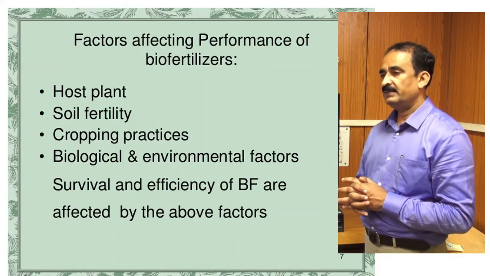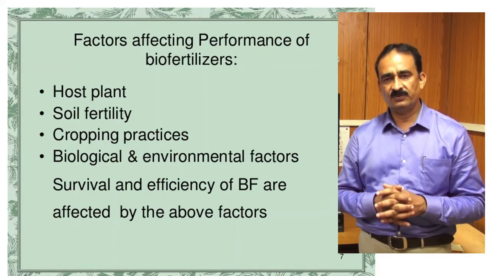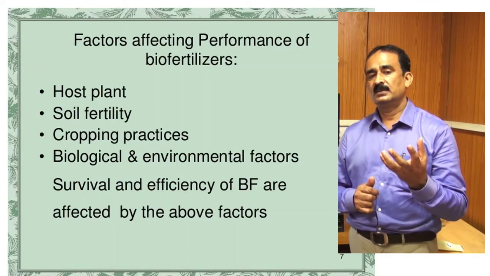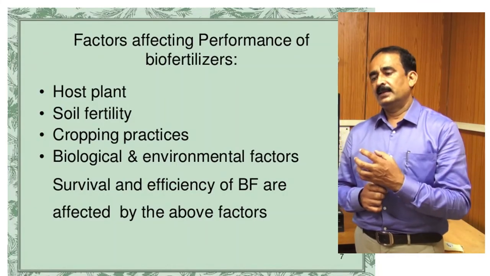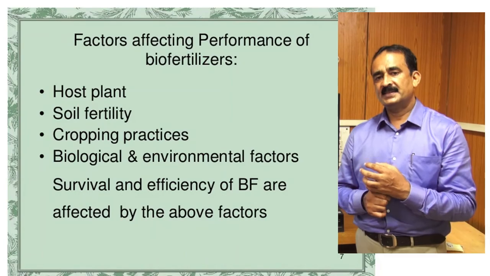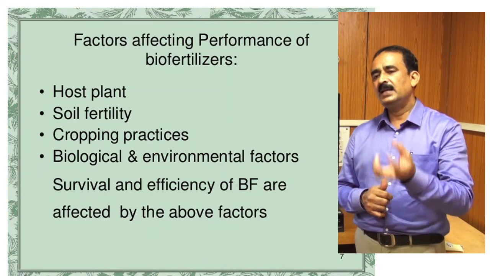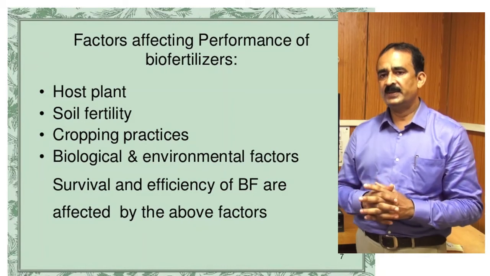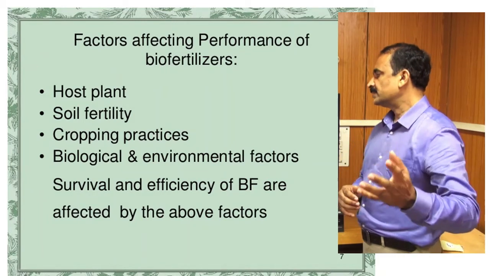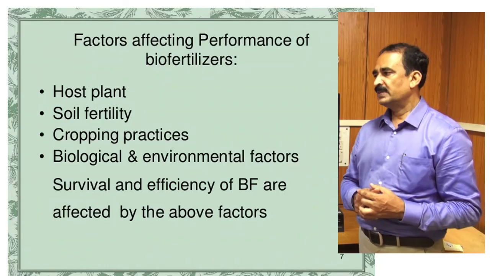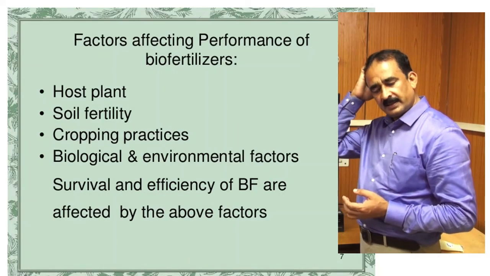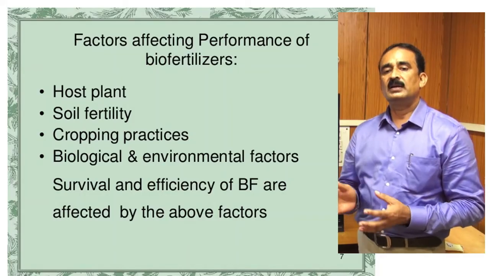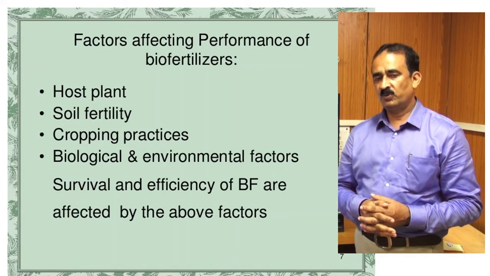Then soil fertility. If soil fertility is very high in your field, with nitrogen, phosphorus and potassium very high, the effectiveness of any microbial inoculant is suppressed by this fertility. Then cropping practices. The cropping system is very important, and crop rotation is very useful for microbial inoculants.